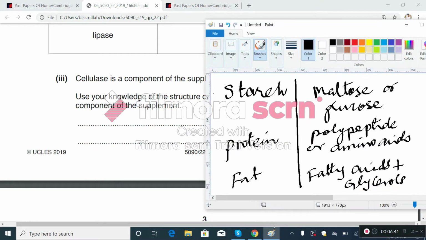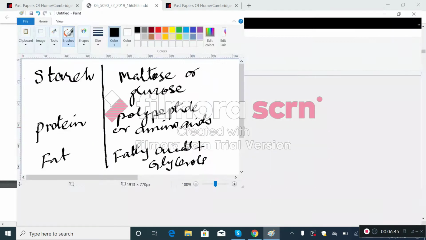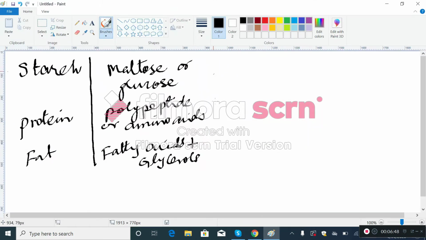So now let's answer this question. Cellulase, as we told you earlier, is an enzyme which digests or breaks down cellulose.